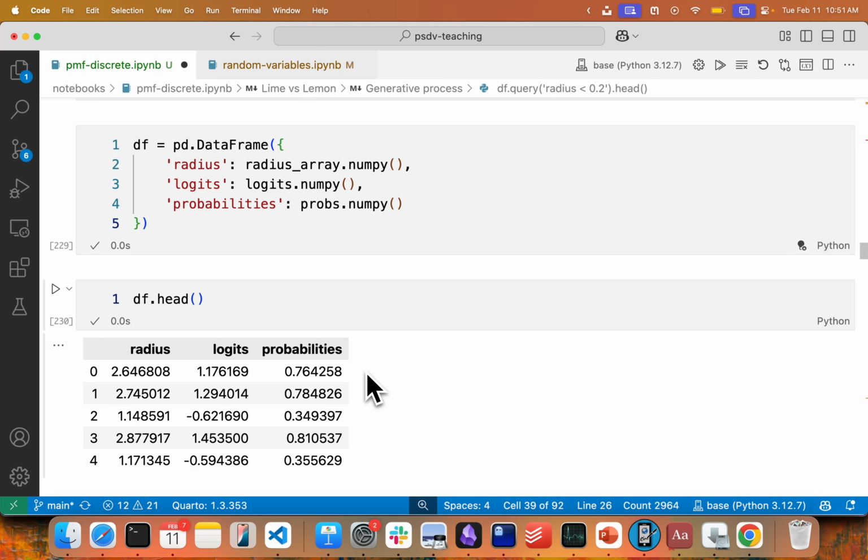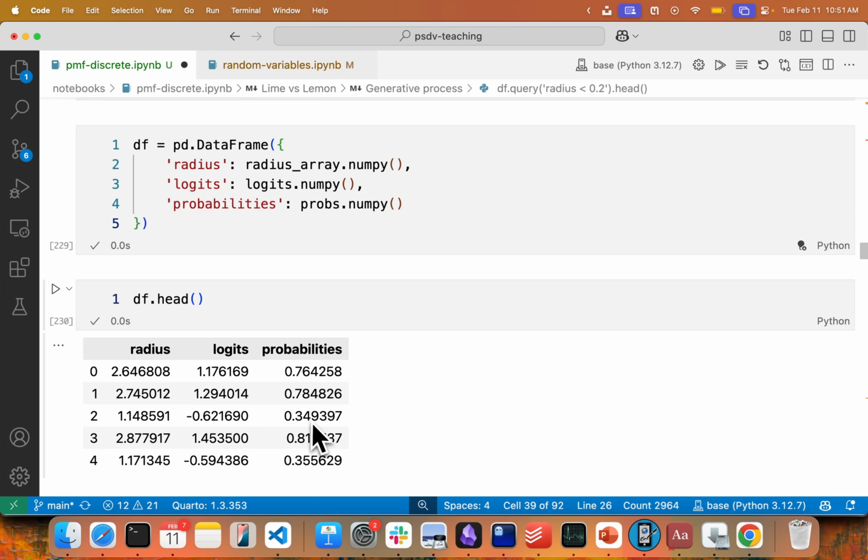I am telling that these are the probabilities. Let's say I am nature. I am the force of nature, and I am deciding that these are the probabilities of this fruit being a lemon or a lime. Of course, I'm missing out a lot of important variables, including which tree the fruit is grown on, etc. But discounting all of those, let's just look at the relationship between radius and the probability it is a lemon.